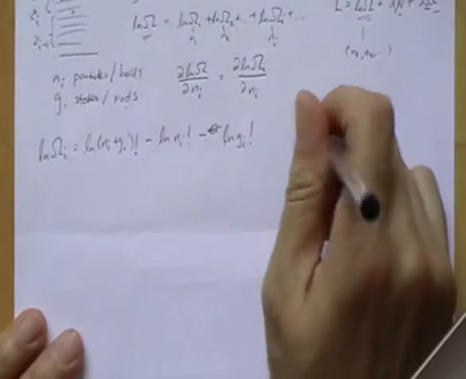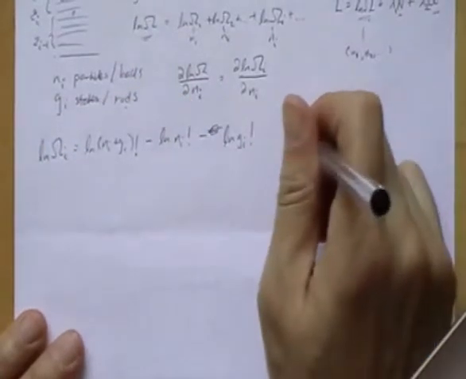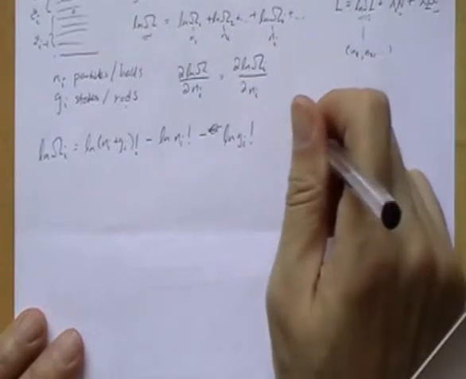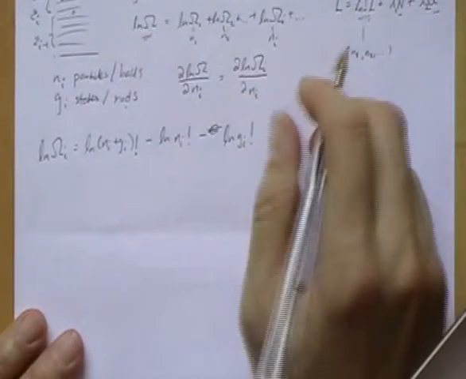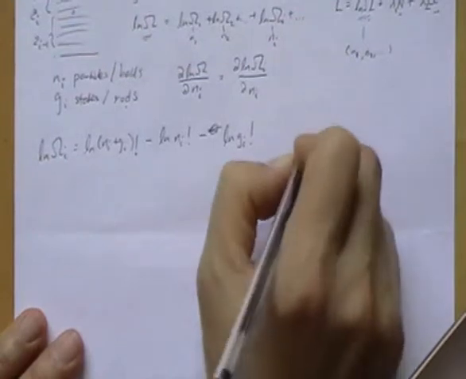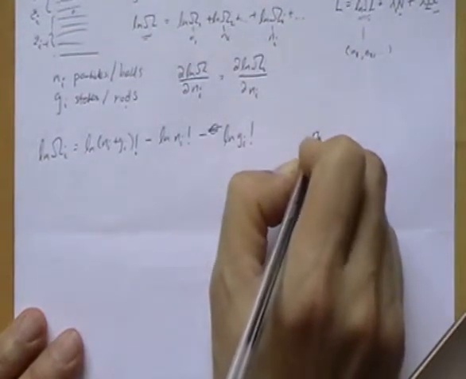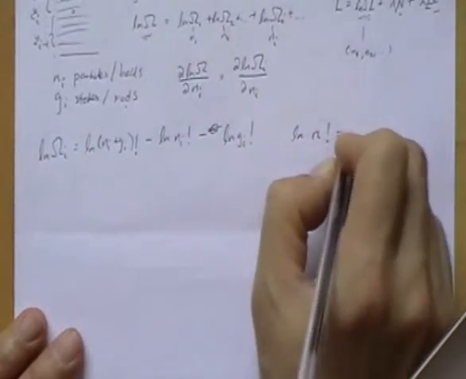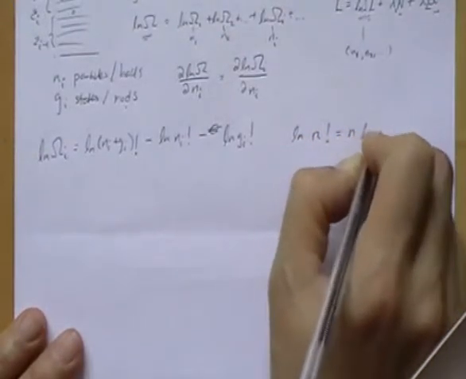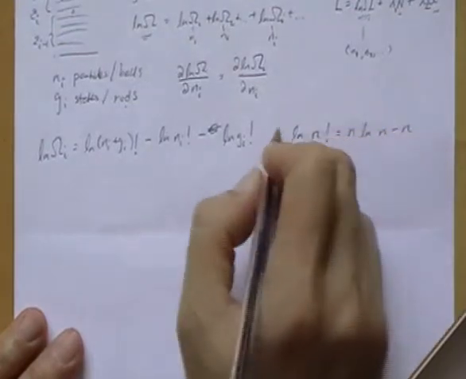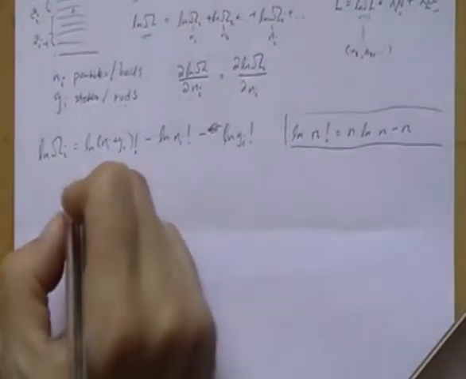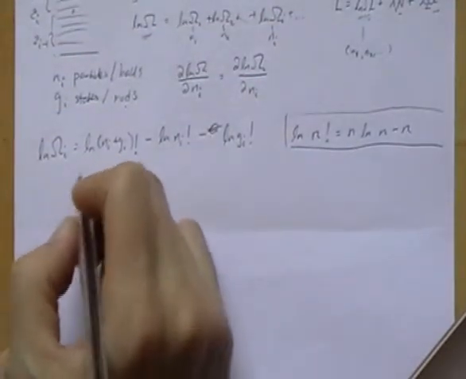Now, we need Stirling's approximation for this. If you remember, Stirling's approximation looks like this: log of n factorial is equal to n log n minus n. So that's Stirling's approximation, which we need to use. So let's put this in.